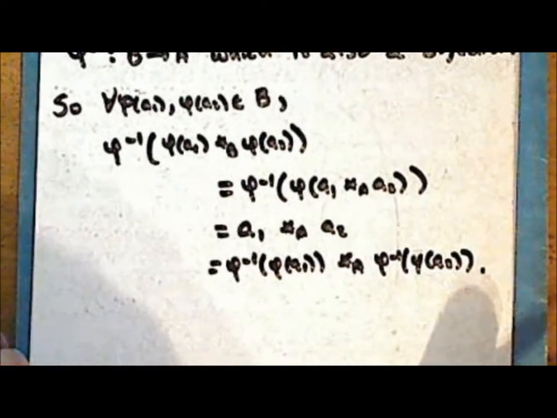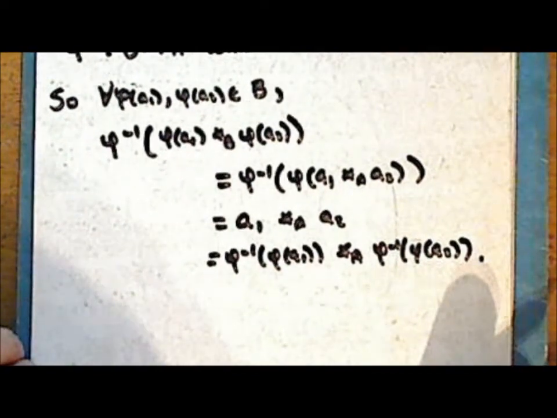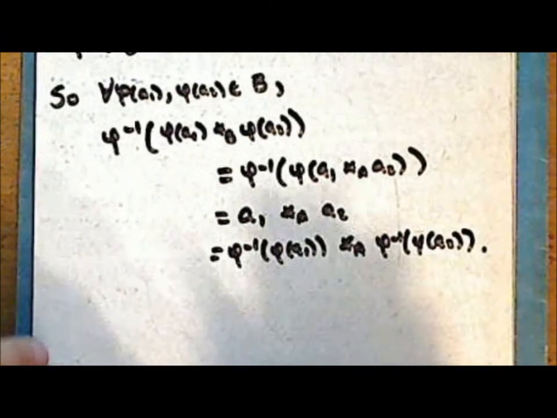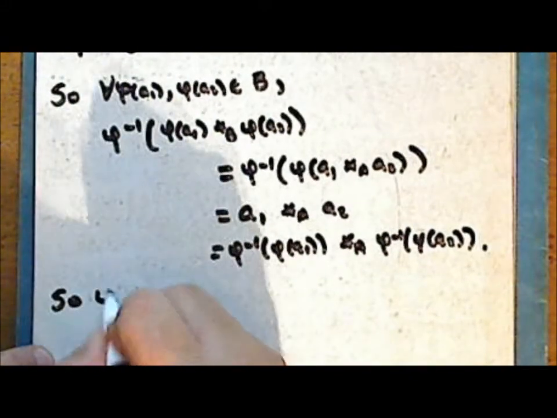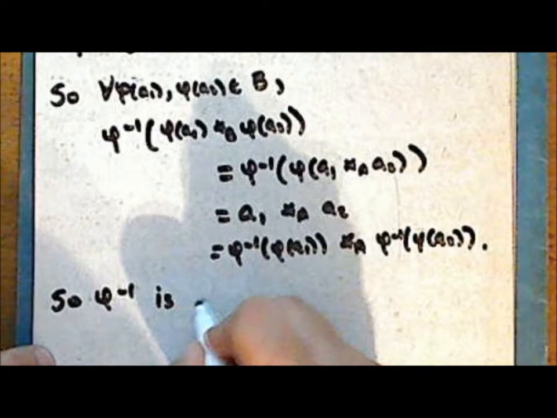And so the function phi inverse is both a bijection and a homomorphism. And so phi inverse is an isomorphism.